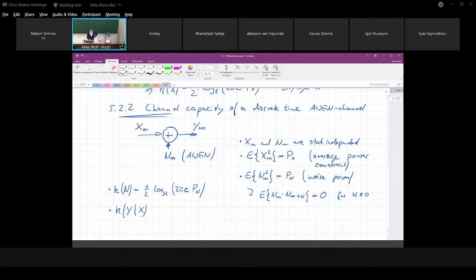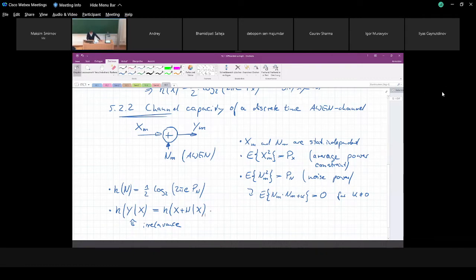You remember, this was the irrelevance. This is the same as h of x plus n given x, because y is x plus n, it's an additive channel. And of course, there is no surprise in x if I know x.